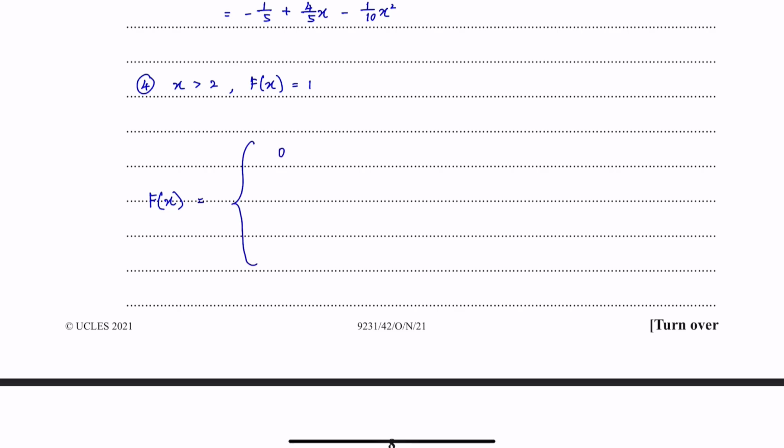So we have 0 when x is less than 0, and 2 over 5x plus 1 over 10x squared when x is in between 0 and 1, and negative 1 over 5 plus 4 over 5x minus 1 over 10x squared when x is in between 1 and 2. So F(x) will be 1 when x is larger than 2.